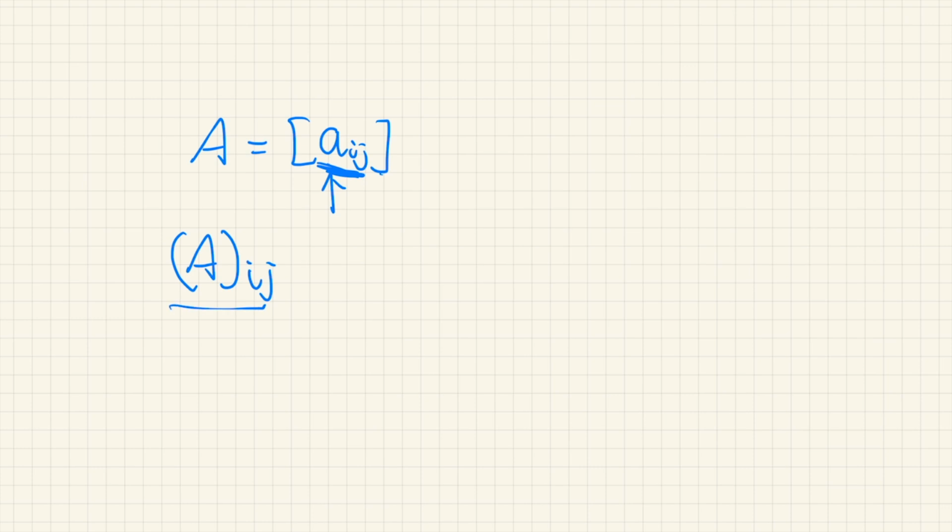There are many ways to write it, but in this lecture I write it like this. If its elements are given like this, then A(ij) is equal to a_ij. So it's just the ij element of this matrix A.